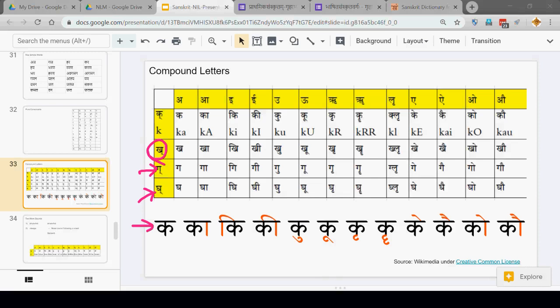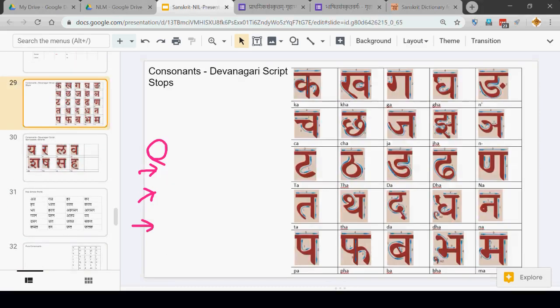Ga, ga, ga. So they should be distinguished separately. All these are like that. The first column, less breath. Second column, more breath, explosive. Third column, less. Fourth column, explosive. Gha.